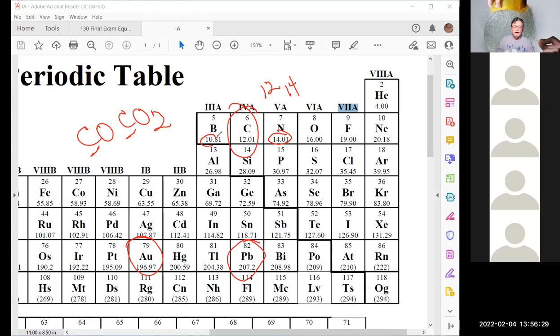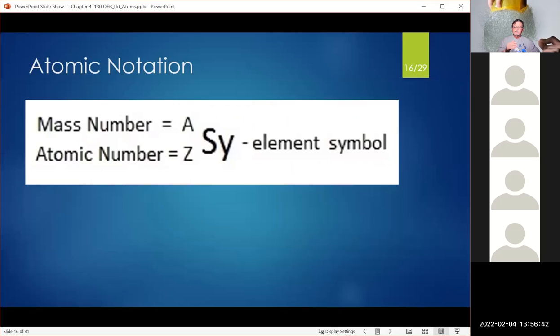Boron, which is number 5, that would be 11, okay? And you see we just round that up. And what that does is that gives you the mass number for the most common, I'm throwing in a word here, common isotope of that element, okay?